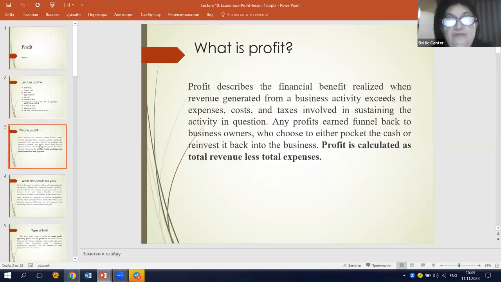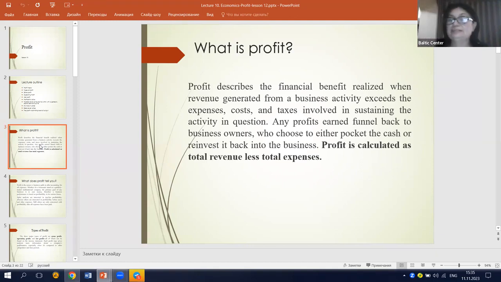Profit describes the financial benefit we receive when the revenue generated from business activity exceeds the expenses, costs and taxes involved in maintaining that activity. Any profit earned is funneled back to business owners, who choose either to pocket the cash or reinvest it in the business.